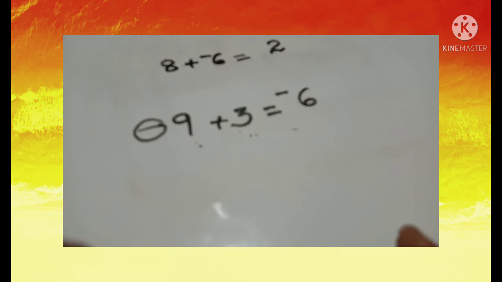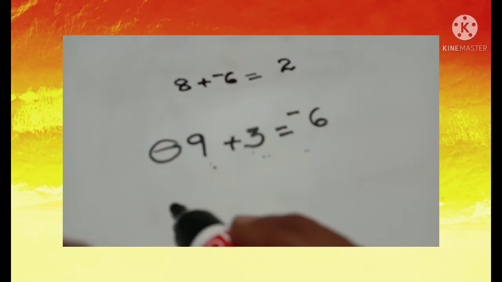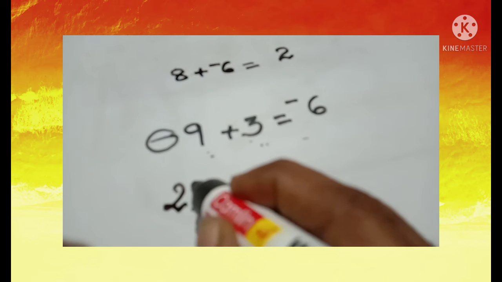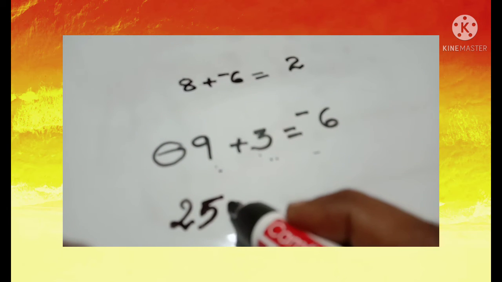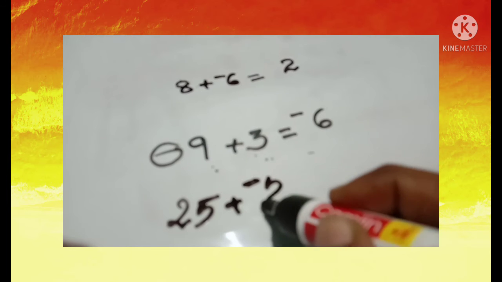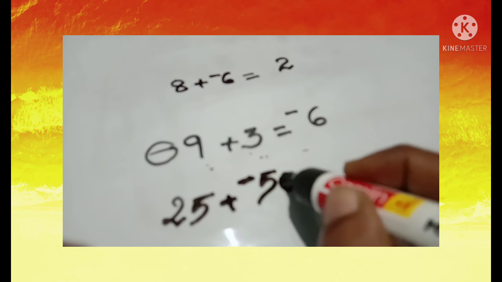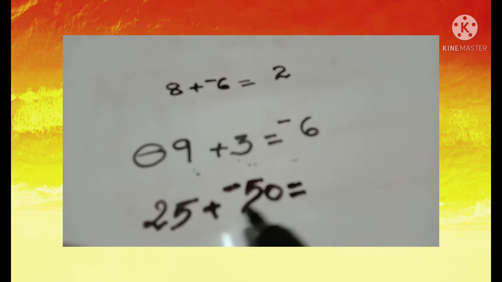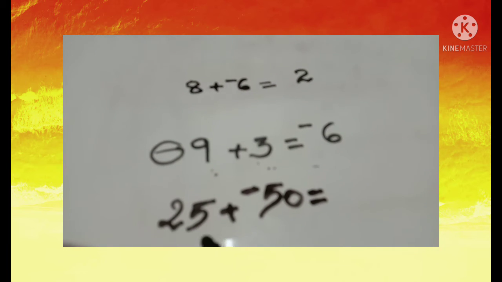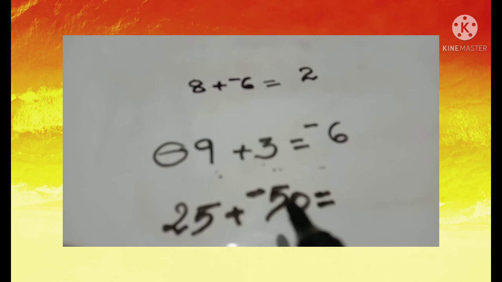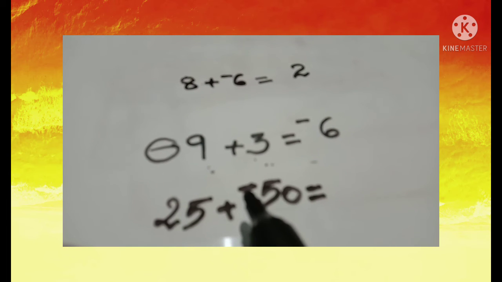Okay, one more example I will give you. See, 25 plus minus 50. Now looking itself, you know that 50 is greater than 25, right? So what is the sign of 50? Minus.